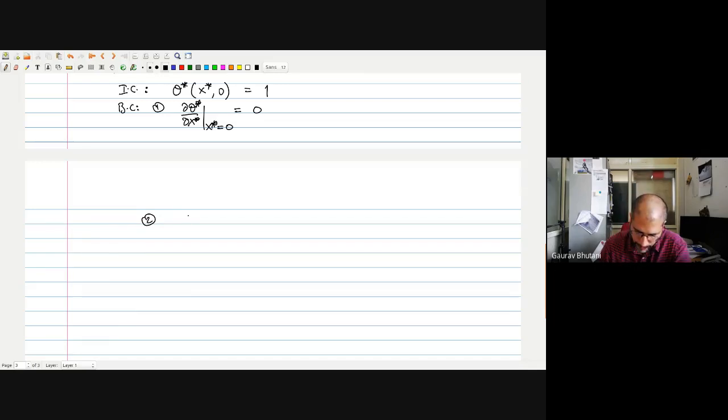This one becomes del theta star by del x star at x star equals 1, because it's a non-dimensional coordinate, so x equal to L is x star equal to 1. And this is equal to minus the Biot number times theta star at the boundary, at 1 comma T star.